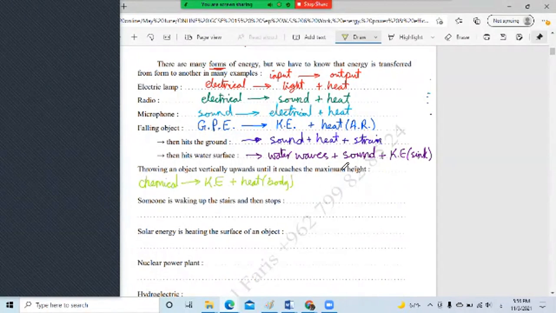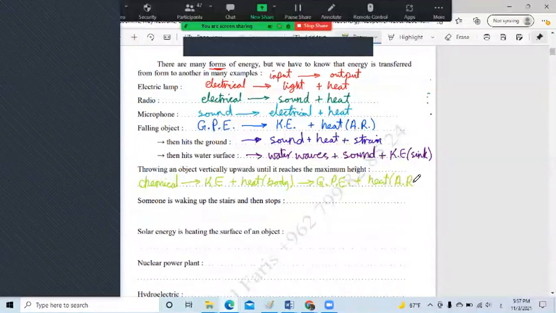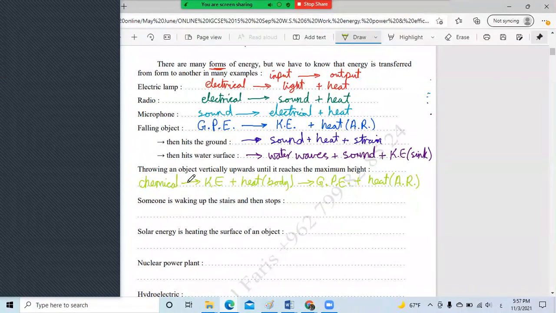And as it goes up to reach the maximum height, it has gravitational potential energy, GPE, plus also heat due to air resistance or other friction forces. So again, the energy initially inside your body when you throw was chemical energy.